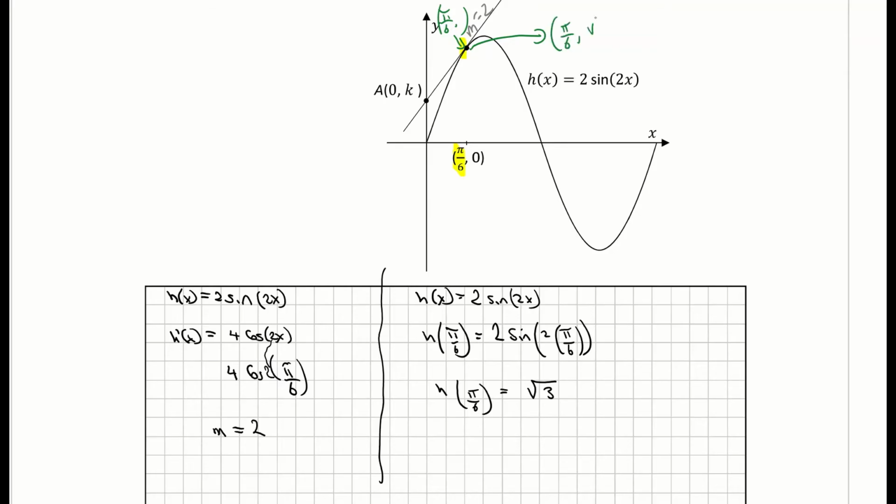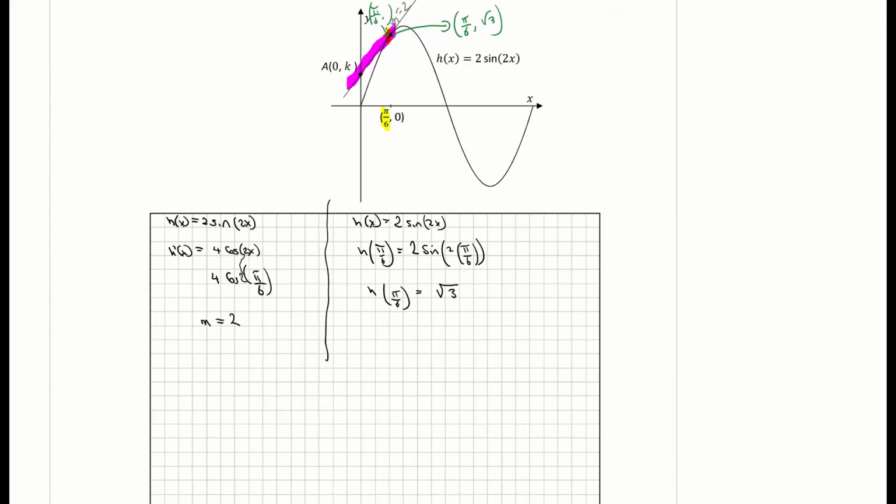That's that coordinate. And you can now see that I have our tangent t, and it has 2 points now on that line. So all I'm going to do now is form the equation of the line, in order to solve for k. So the equation of the line, as we know from our log tables, is written as y minus y1 is equal to m times x minus x1.